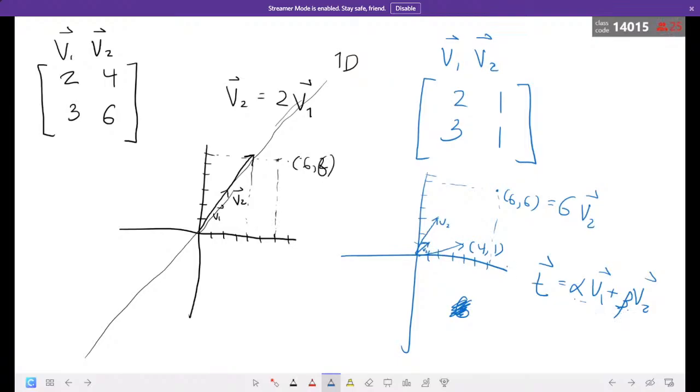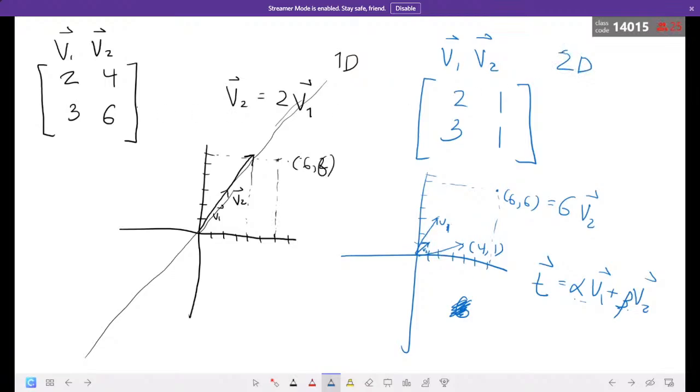It will work. You will find this way because V2 and V1... this is V1, I'm sorry... do not sit in the same line. So it spans in two dimensions. These two vectors span in two dimensions.